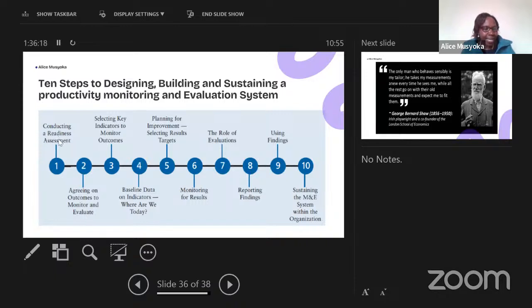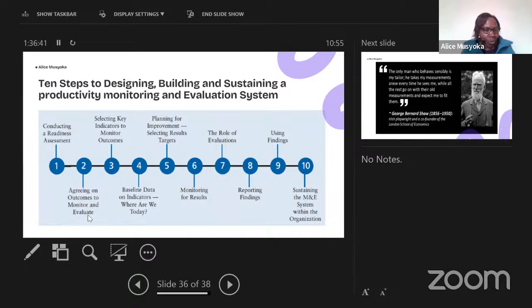In readiness, we need to be sure that we have the human resource to carry that out. We have a budget that is set for monitoring and evaluation and all other resources that are required.